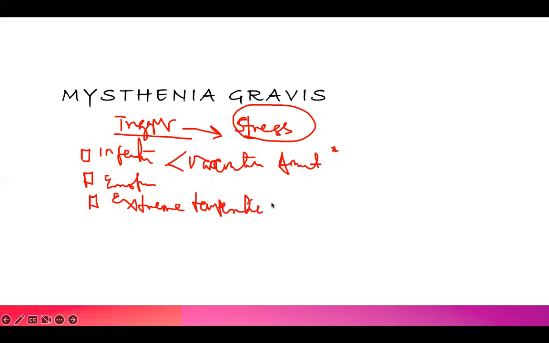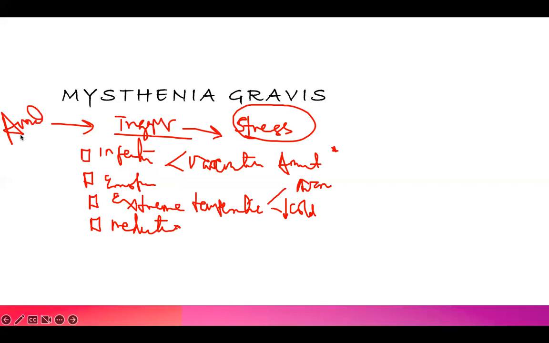Too cold or too warm, too high or too low, is not good for them. And sometimes it's because of medication. They forget to take their medication, so they are not compliant with medication. So you teach them all these things. They have to avoid triggers. Whenever they're going home, please avoid triggers of this disease. Otherwise, you're coming back.